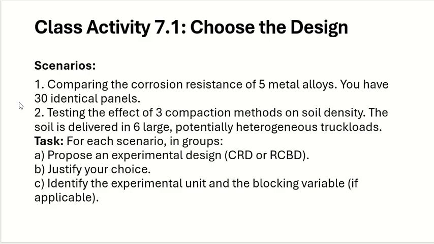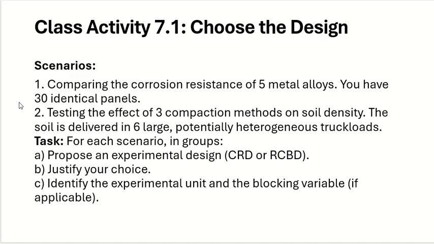There is no blocking variable. My experimental unit is each panel, and my treatment is the type of alloy. In these 30 panels, I will randomly assign these 5 different metal alloys and check their corrosion resistance. How many repetitions of each type will I have? 6, right? 30 divided by 5.